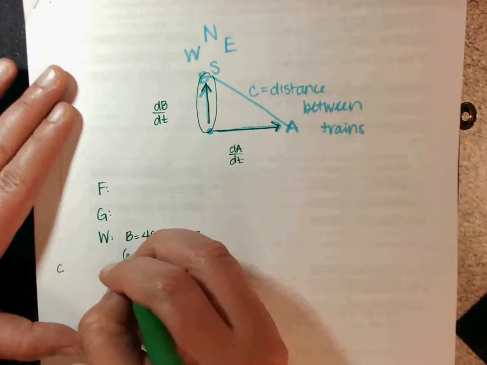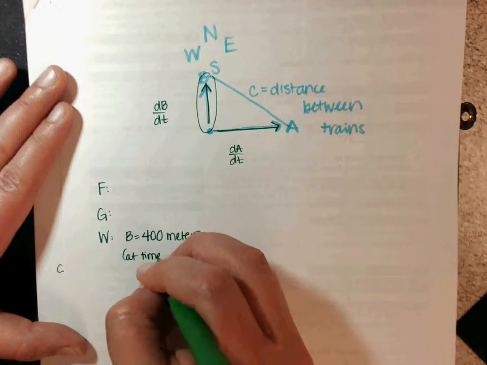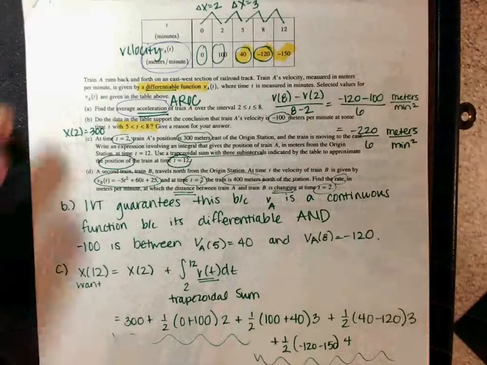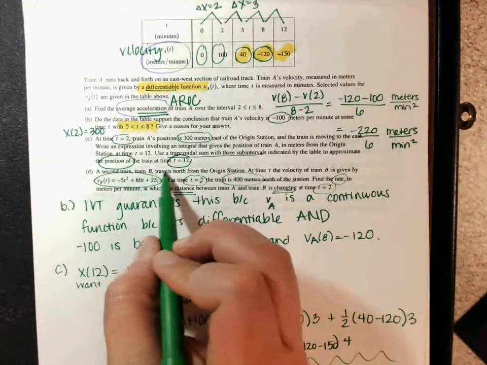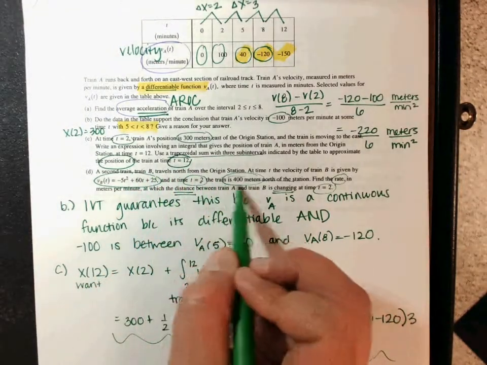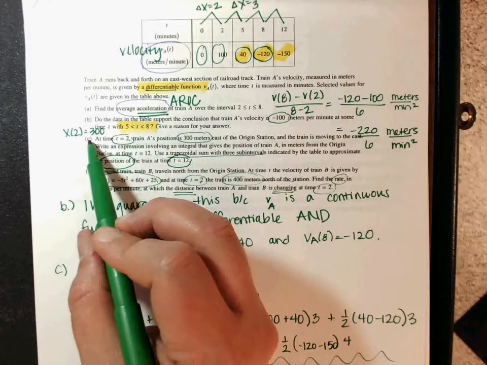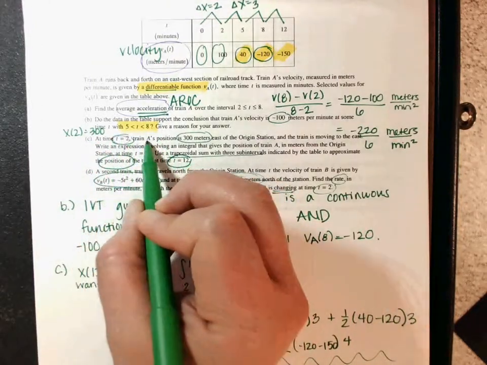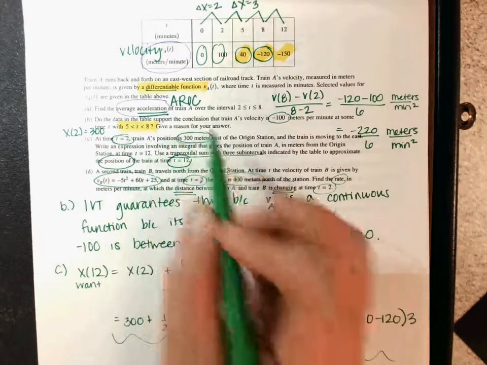And then I'm going to put at time 2, but I want you to notice that all of these points are at time t equals 2. Okay, so it says, train B travels north. It says it's 400 meters north. Got it. Let's go back and look at part C. It says at time 2, notice that's the same time, train A is 400 meters east.